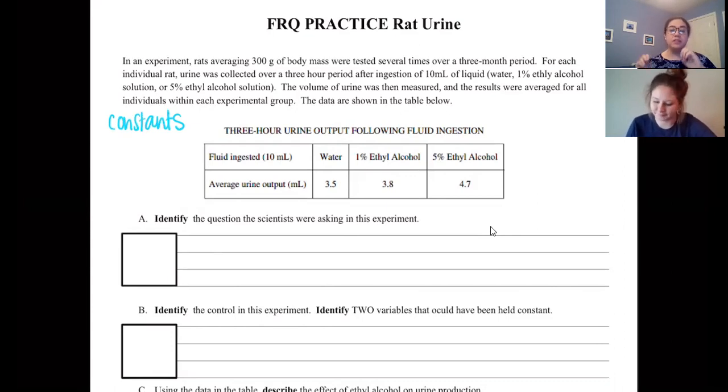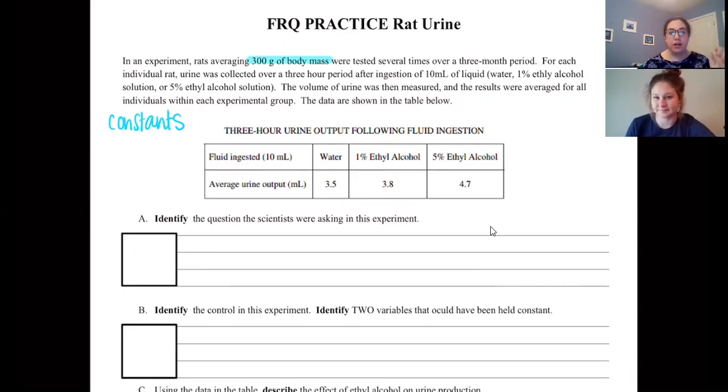So we're looking for things that were given to each experimental group that remained the same. The first one that stands out to me is that the rats were averaging 300 grams of body size, so the rats were roughly the same size across each experimental group.